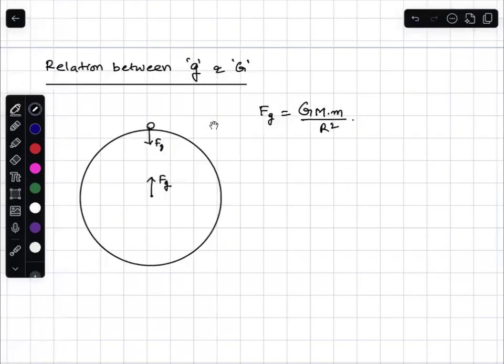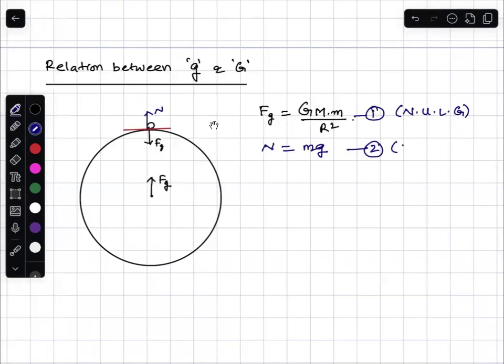which you will usually call as the weight force, mg. Equation 1, equation 2. Right. So this element will experience a force according to Newton's universal law of gravitation.